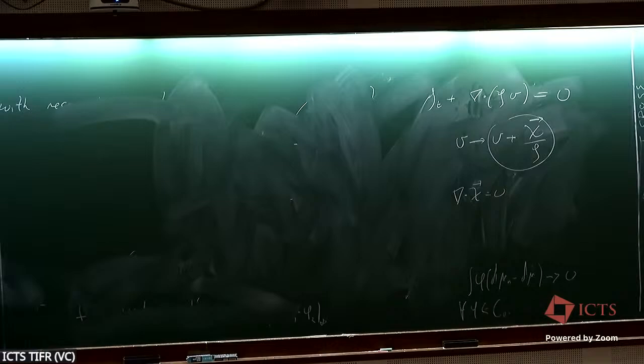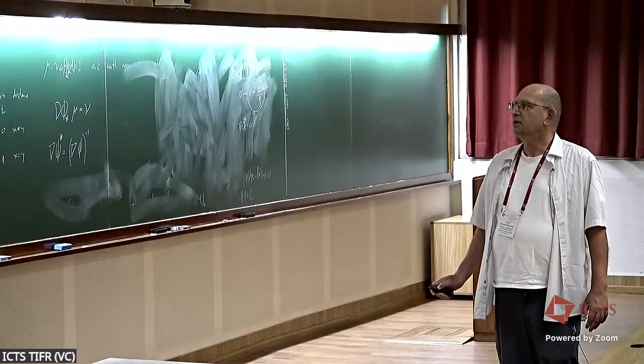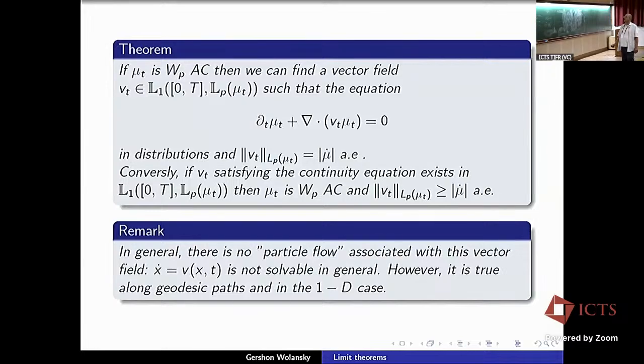So we cannot construct particle paths unless V is Lipschitz. If V is Lipschitz or locally Lipschitz, at least we can have uniqueness for the solution, but the theorem does not guarantee any Lipschitz property of V. But if you look at a geodesic path, or the one-dimensional case, this always supports a velocity field.